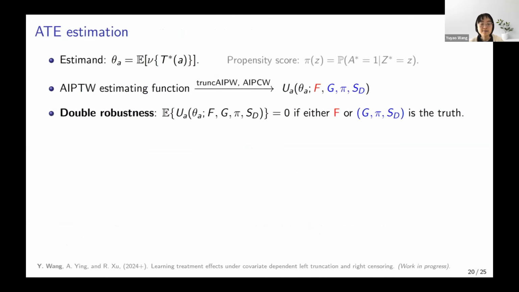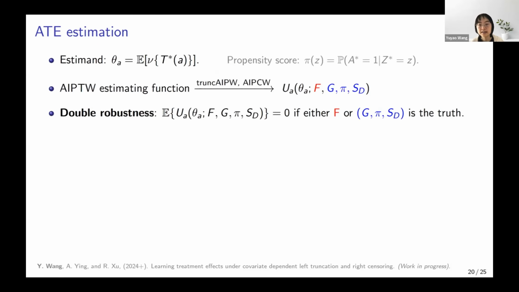As a specific example for estimating ATE, we start from the AIPTW estimating function if there were no left truncation or right censoring. Then we apply the two operators.